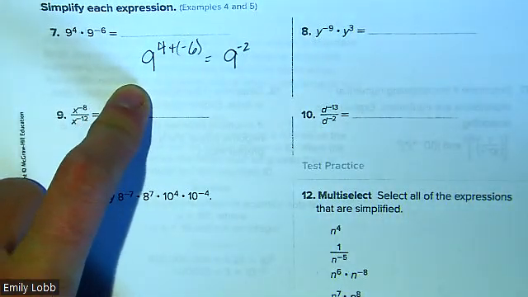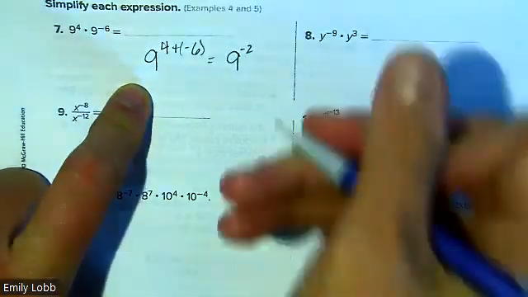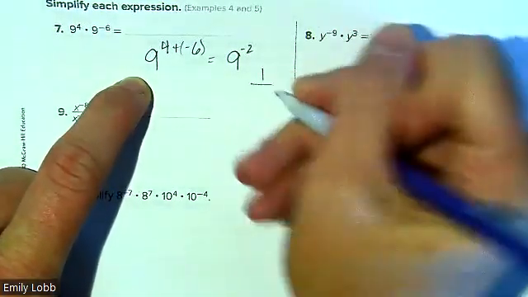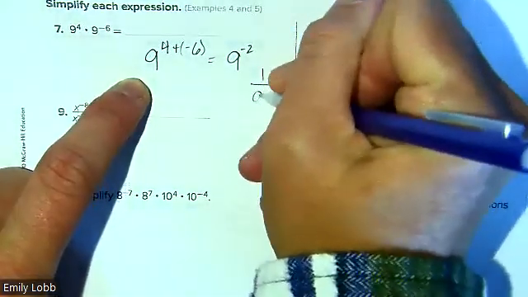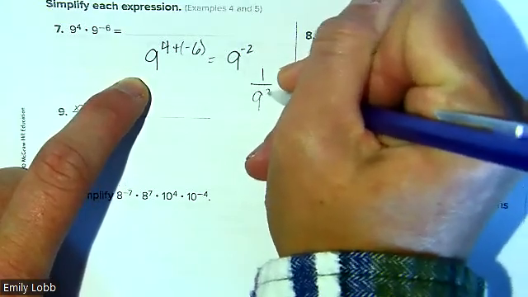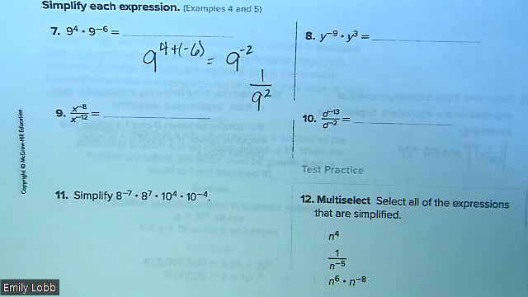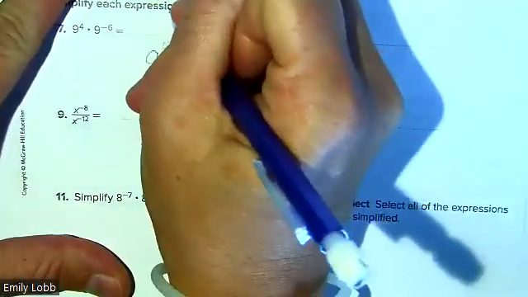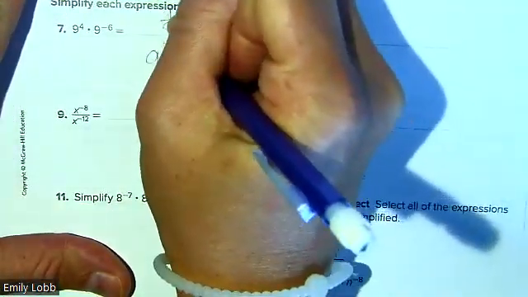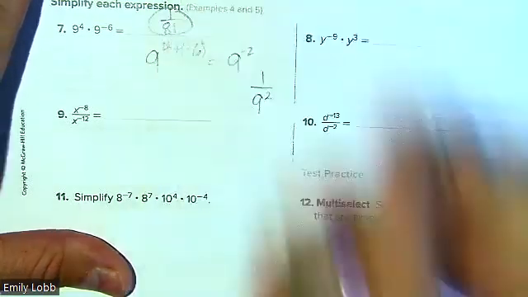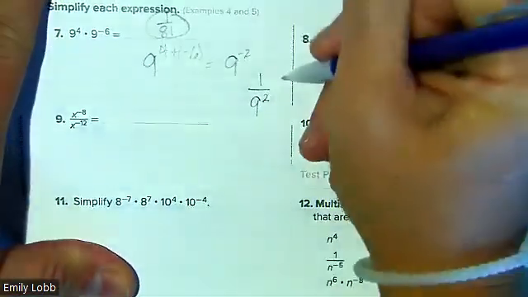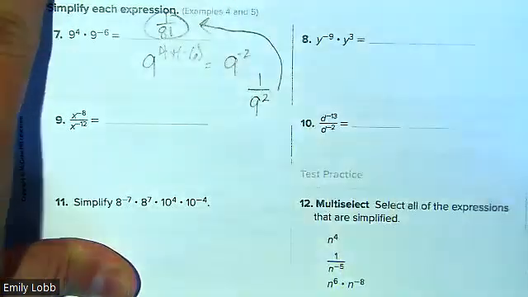No, we have to send that negativity to the basement. So it becomes 1/9 to the second power. What is 9 squared? 81. So we would say 1/81.